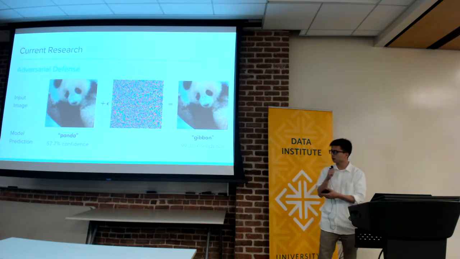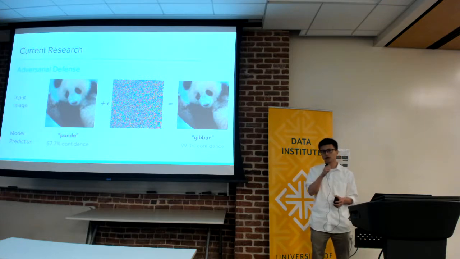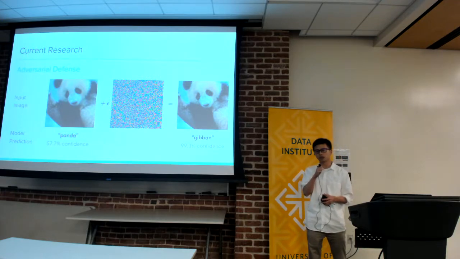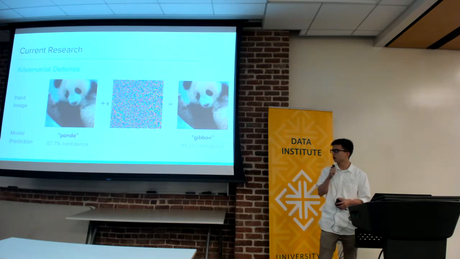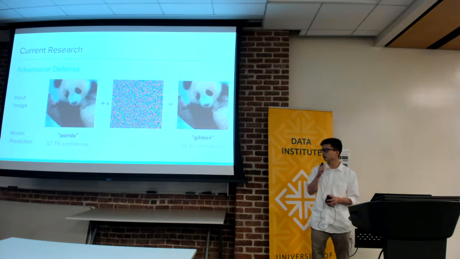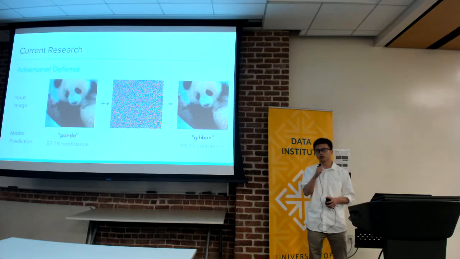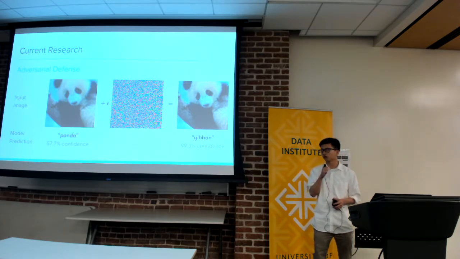For instance, in this case, a model is trained to predict the species given the picture. At first, it correctly predicted the species to be panda, but after adding some noise, the model generated totally different predictions, while people can barely tell the difference between these two images.